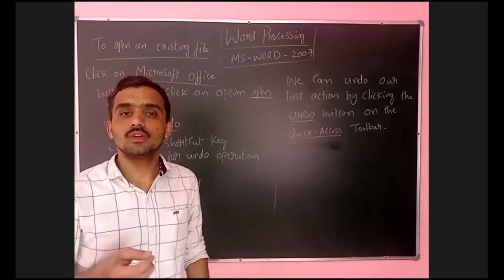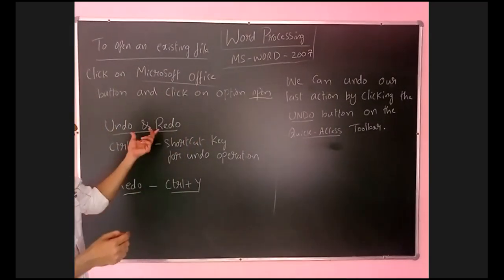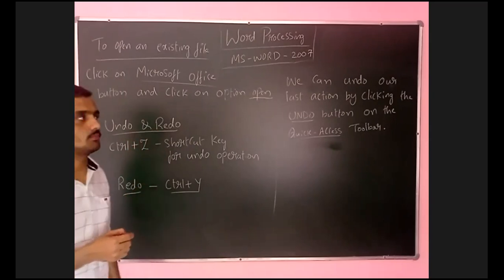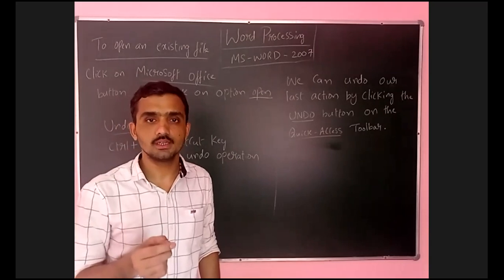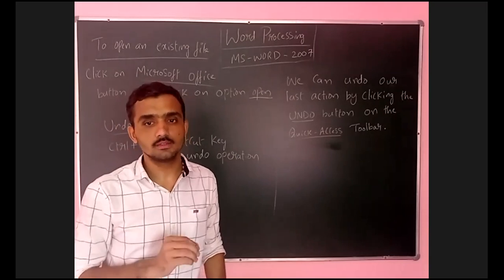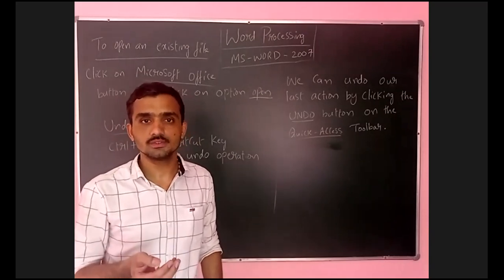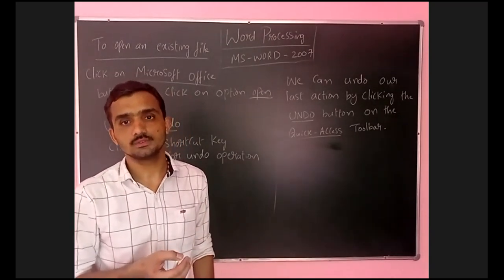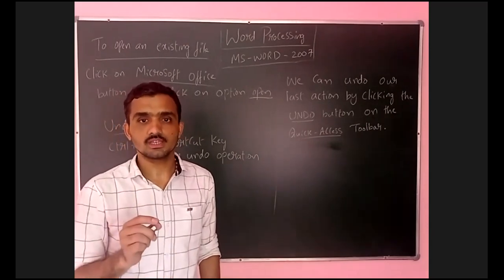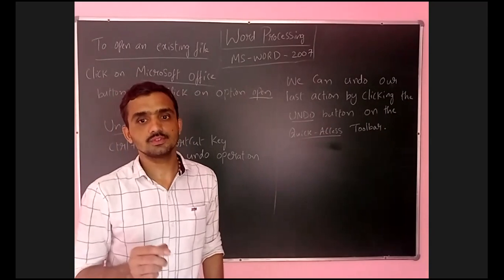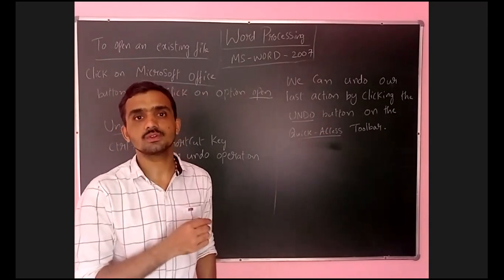Then, when we start editing the document, we may want to do the operations undo and redo. The meaning of undo and redo is this: if by mistake I added some content which was not supposed to be added, instead of going with the delete option, we can use the undo option. If you added one full paragraph of 10-20 lines, instead of deleting each letter or line, there are the options undo and redo.